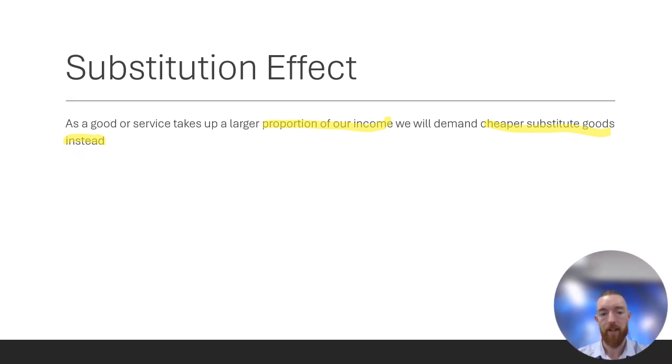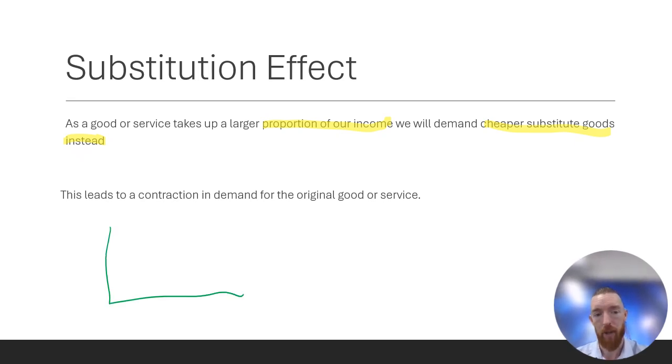So if we've got our examples from before, if we had, for example, our Coke and Pepsi, or what substitute products could we have? We could have bread and wraps. Let's do bread and wraps. Let's say for some reason bread has gotten more expensive.